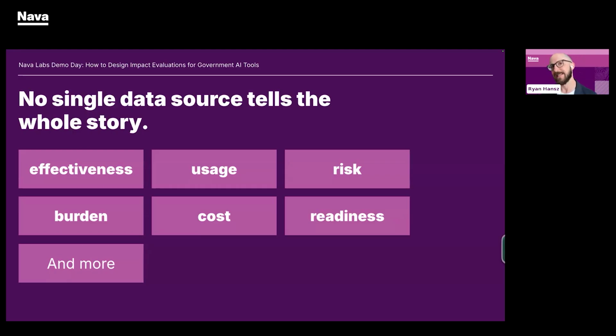Are we actually seeing off-topic questions or responses? How is burden changing for clients and staff? Cost, as I mentioned before, and then also readiness. So for clients, staff, and an organization, do they seem excited about this tool? Do they seem like you're dragging them along and they don't feel very involved and they're not really engaged in this tool? All different factors that might inform your decision making.